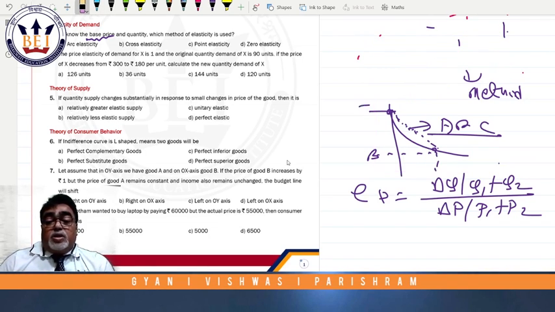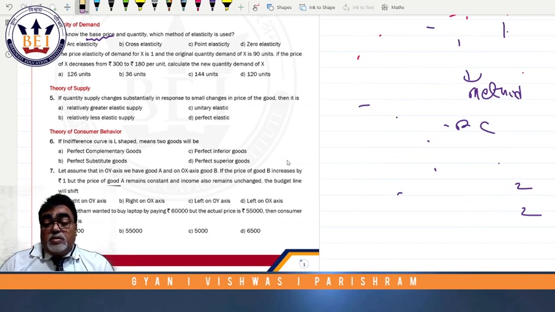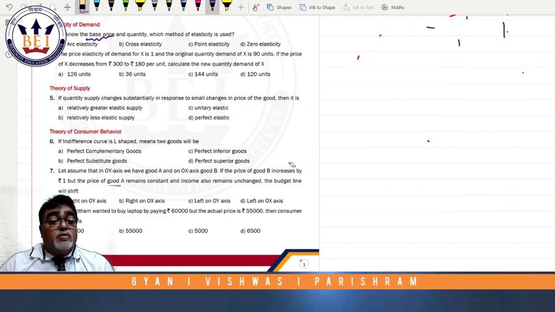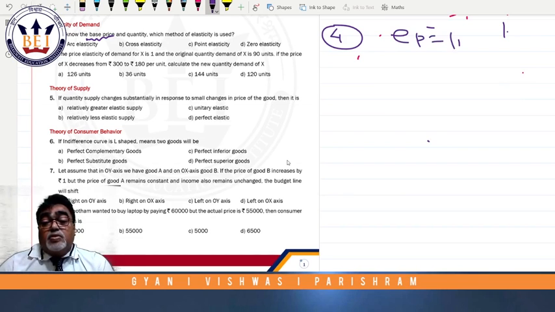Now look at question number 4. Another elasticity question. This time the question bank has made a very perfect, conceptual question. I like this. The price elasticity of demand for good X is equal to 1.